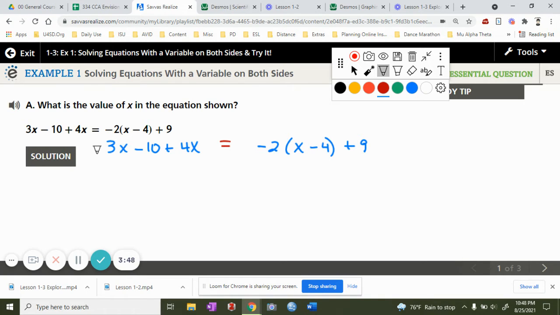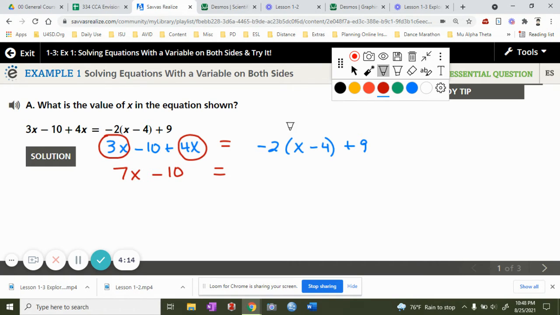So I'm going to combine like terms. 3x and 4x are like terms because they have the same variable and the same exponent. That is something to consider. So 3x plus 4x is going to give me 7x minus 10.